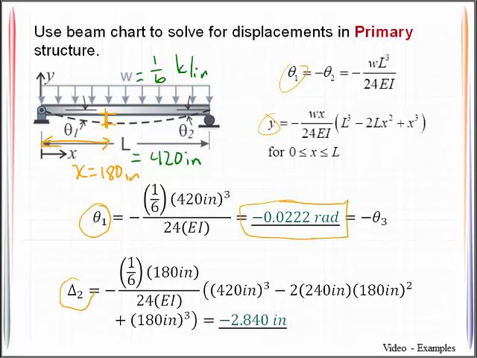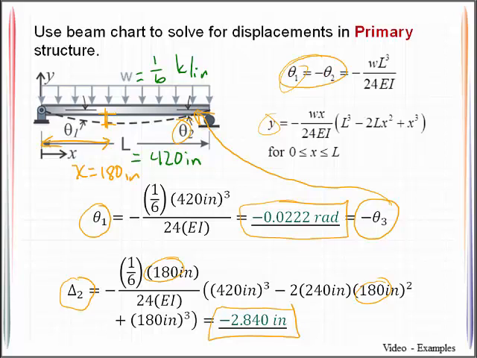We will see the delta 2 going on, and that's being evaluated at that 180 inches, as we previously indicated, and the resulting deflection. And then we will also acknowledge that the rotation at point 3, which incidentally on the beam chart is being labeled 2, it is going to be simply the opposite sign of what we had over to the far left. Now what we're going to need to do is solve for the flexibility coefficients.